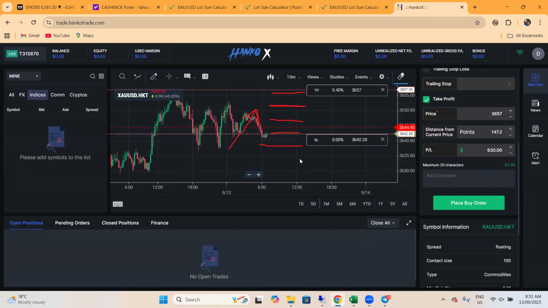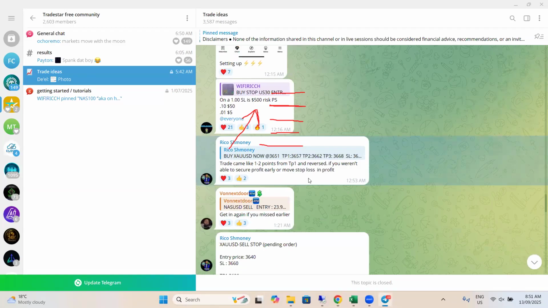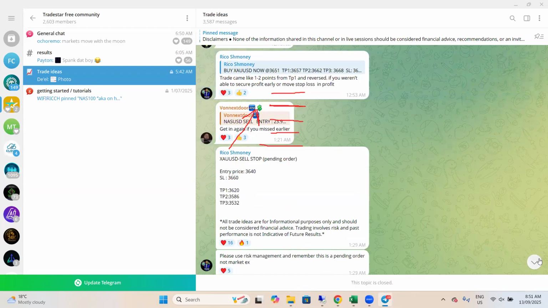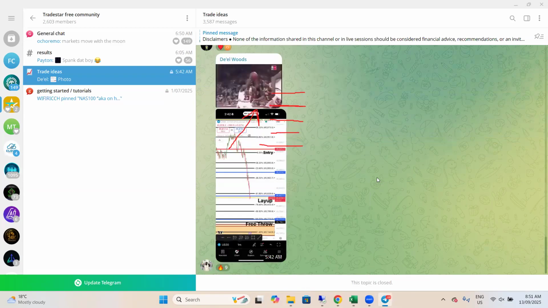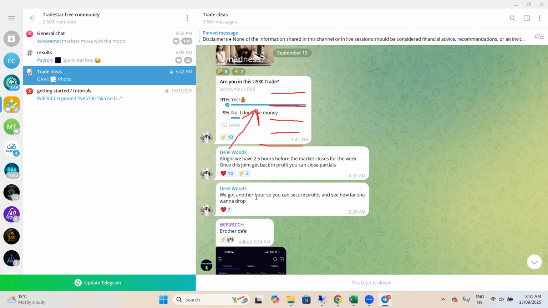All right. So you might hear them say, let me just go to an example. Okay, so see it says here we got another hour, so you can secure profits, right? That means to move your stop loss to entry, or where you see fit to protect your account. Right. So I'll visually show.